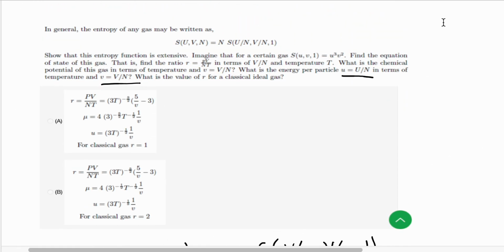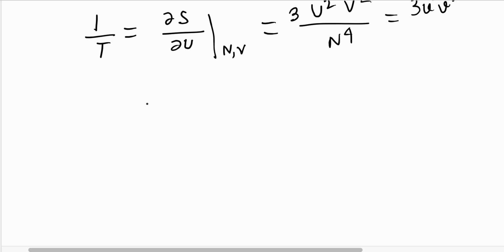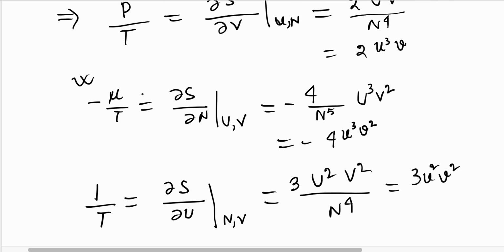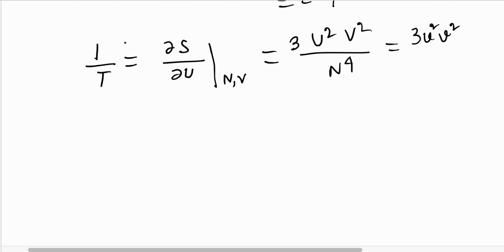Now the question asks us to write it in terms of small v and T. That means we have to replace all u with small v and T, so we will use this relation to replace u.